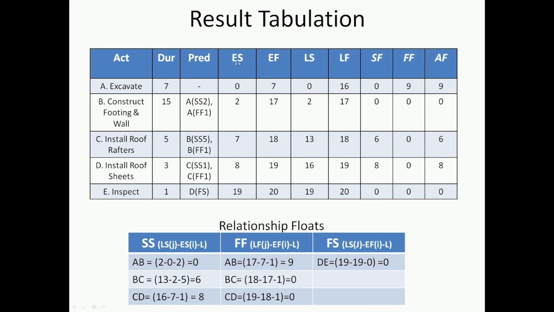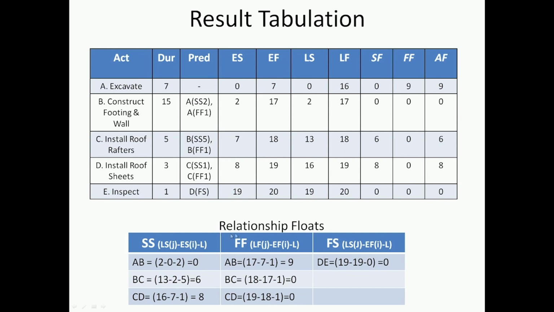All of these values are listed here, and you can see from the network we have taken the relevant values for early start, early finish, late start, late finish, and based on these values we have calculated the start float, the finish float, and the activity or total float. So you should be able to go through this tabulation and check with your calculations what answers you get and if they tally with this.